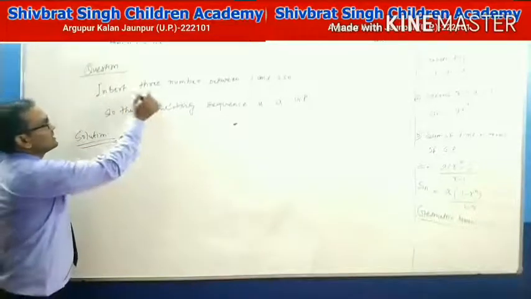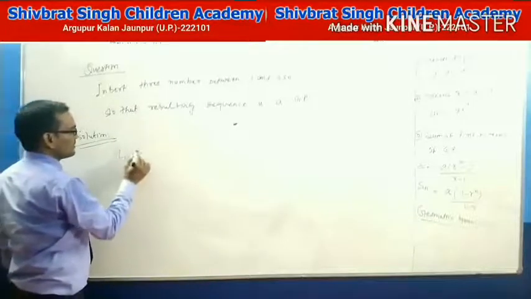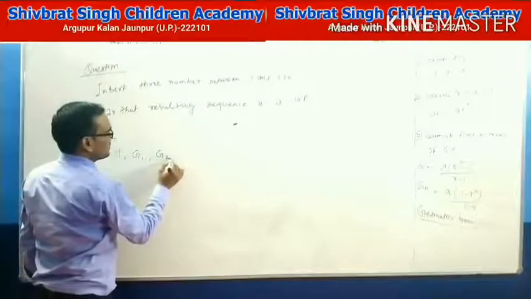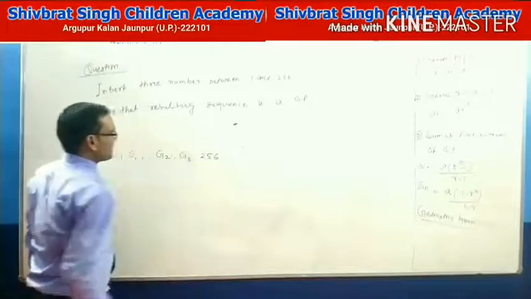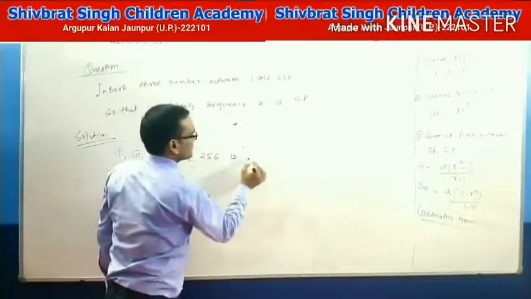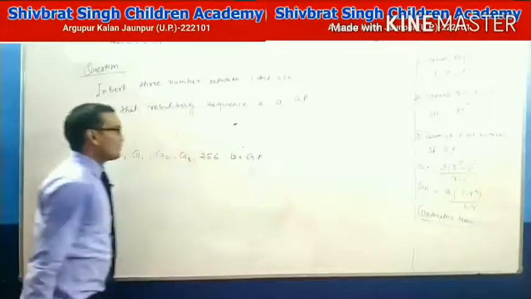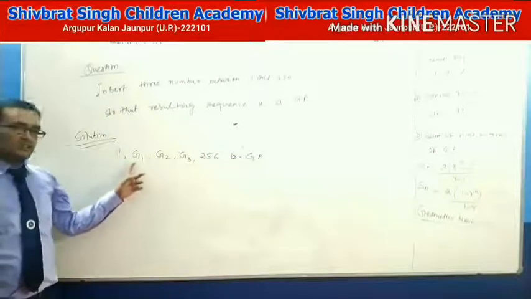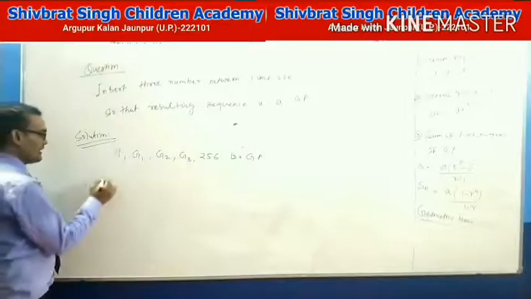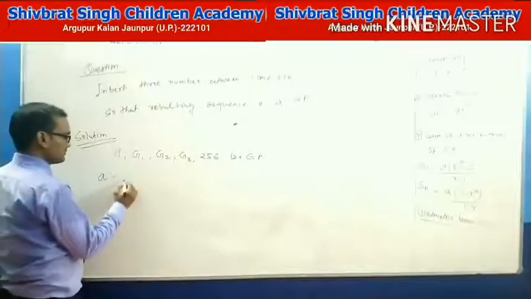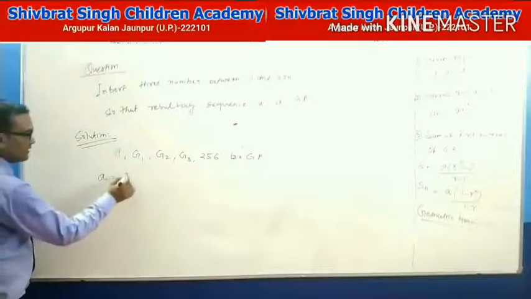The three numbers we insert, so 1, G1, G2, G3 and 256 is a GP. We find the value of G1, G2, G3. Here A equal to 1, we find the value of R.